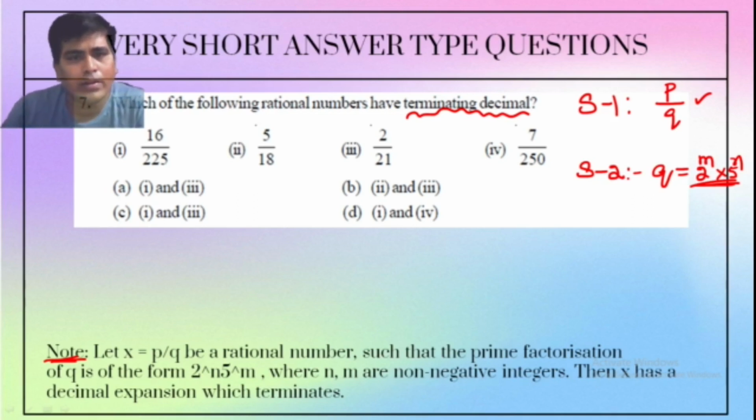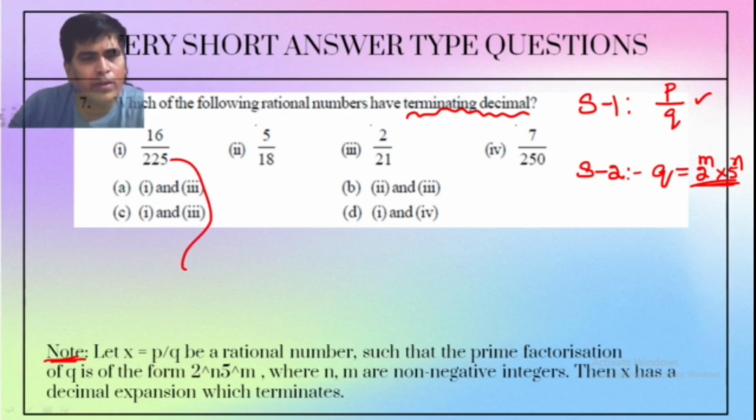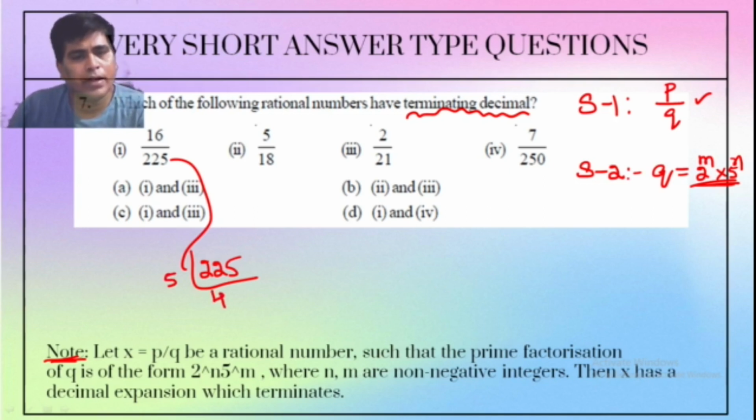So look at how we can write this 225. I'm going to write 225 as a prime factorization. The number ends with 5, definitely it is divisible by 5. 5 fours are 20, 2 is left out, 25, 5 fives are 25.